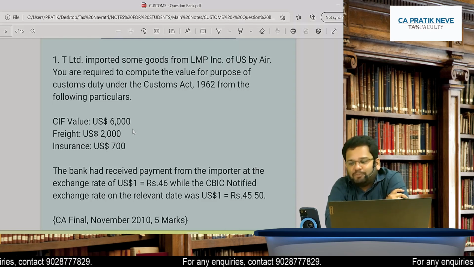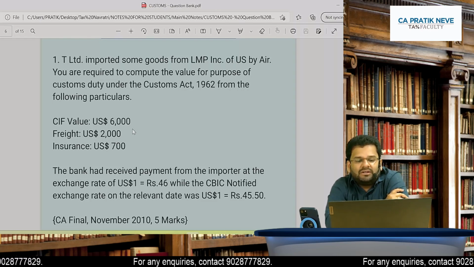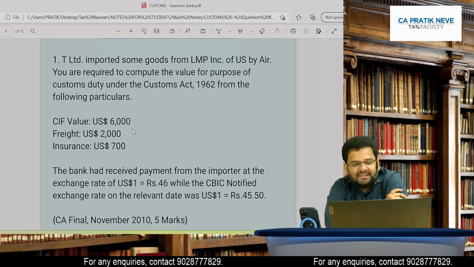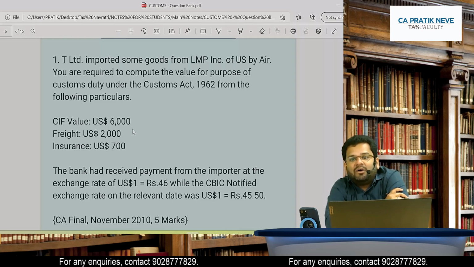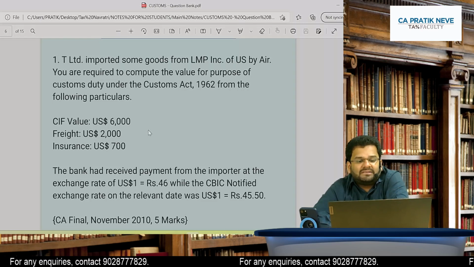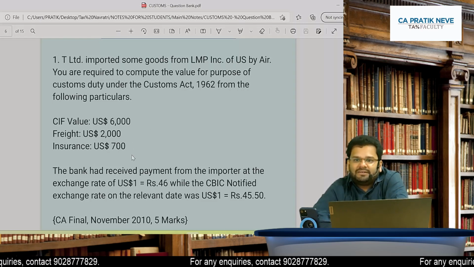So your transport cost will be 2,000 or 660, whichever is lower. So obviously 660. Now take on your calculator 3,300 plus 660 plus insurance actual 700.